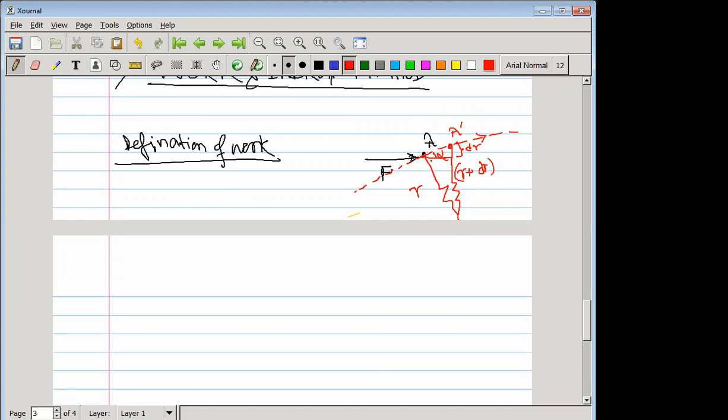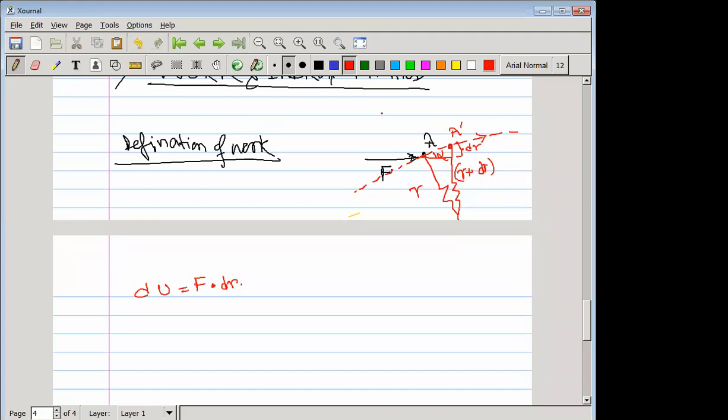In this figure you can see A and A dash, this amount of displacement is there. So the magnitude of that is the work done. So what is the amount of work done? That work done is nothing but F dot dr, that small amount of displacement due to the applied force.